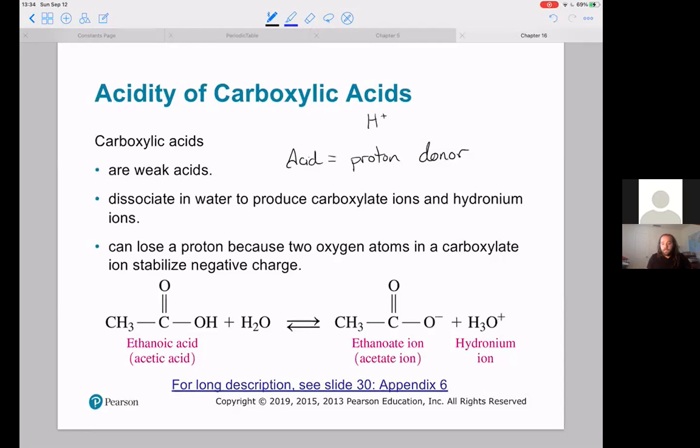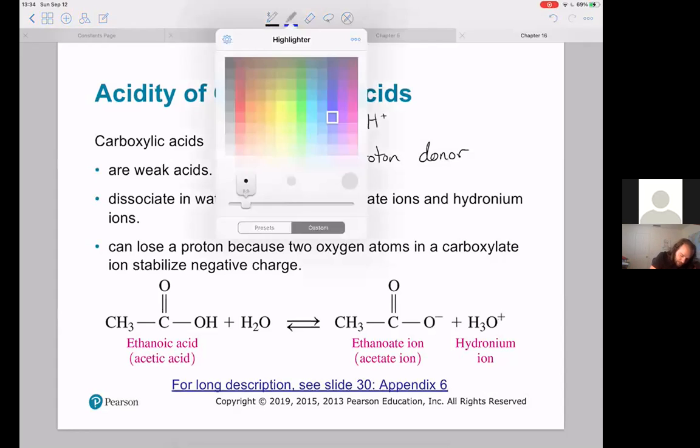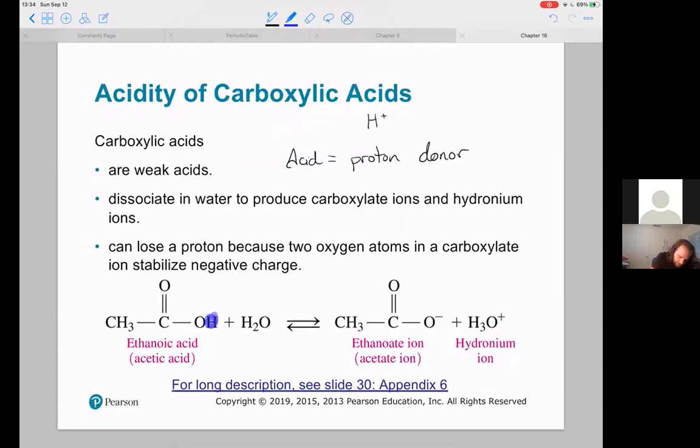In organic chemistry, when we're referring to protons, we're almost always referring to hydrogen ions, because hydrogen ions consist of just one proton, no electrons. So that's a shorthand. If we look at our ethanoic acid in this case, it can undergo acid-base reactions where it's playing the role of an acid. It donates a proton, and it's this proton right here that will be donated.